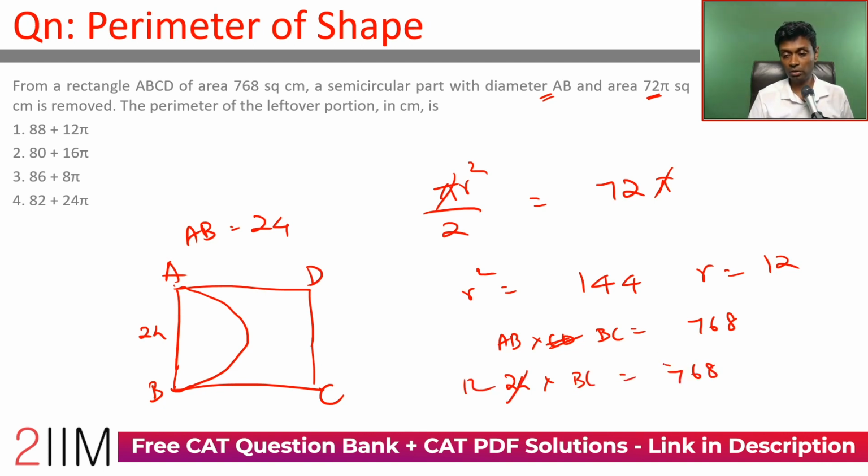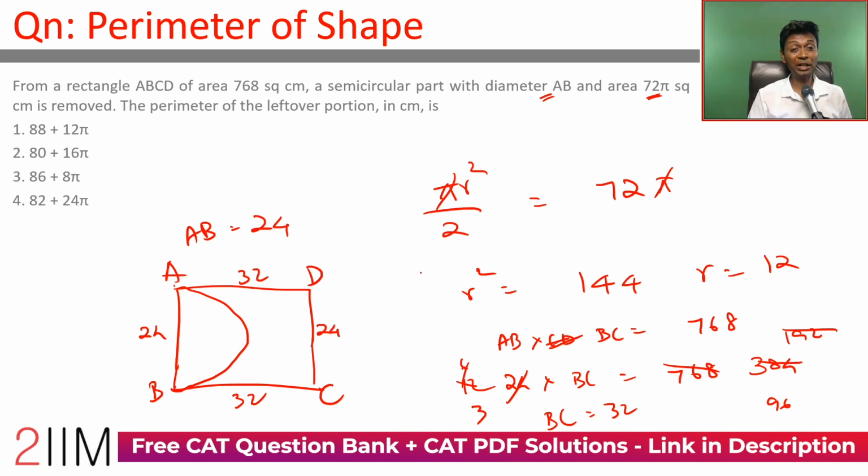Make it 12, make it 384, make it 6, make it 192, make it 3, make this 96, or BC is 32. This is 32, this is 24.